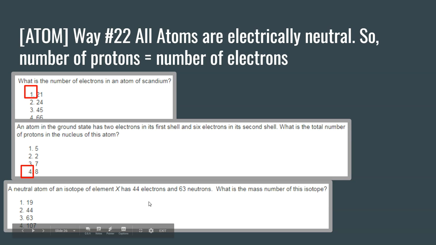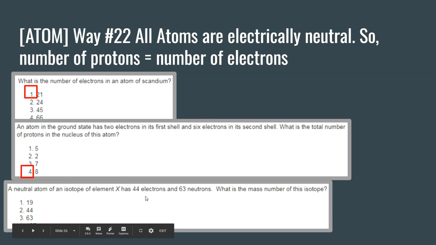Okay, to find the mass, we need to know which subatomic particles contribute mass toward this element. And the only 2 subatomic particles that do that are neutrons with a mass of 1 and protons with a mass of 1.